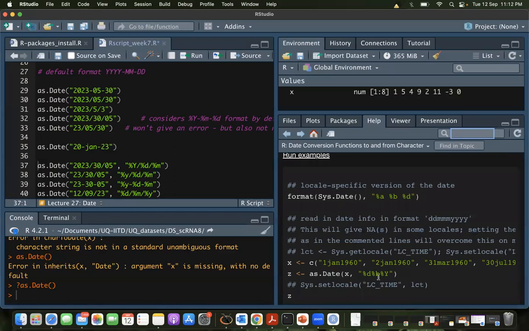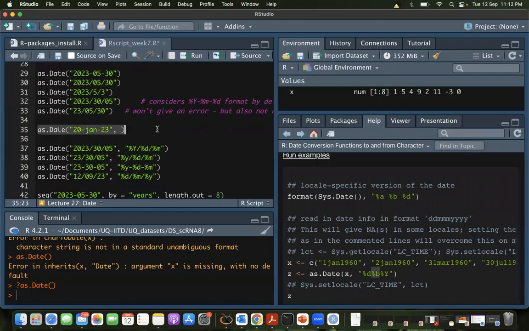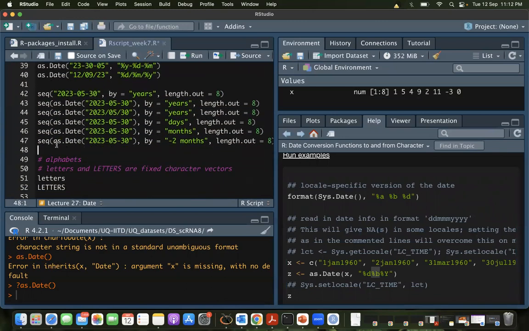Okay. So here you see there's a percent B written here, right? So basically, I'll just write it here. So this is in the format.